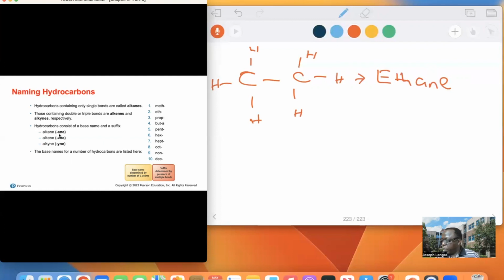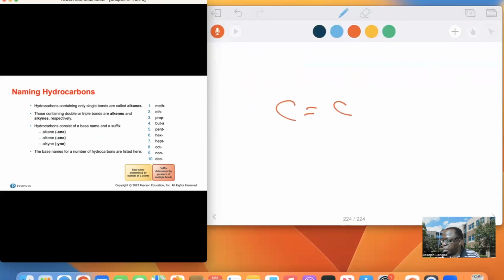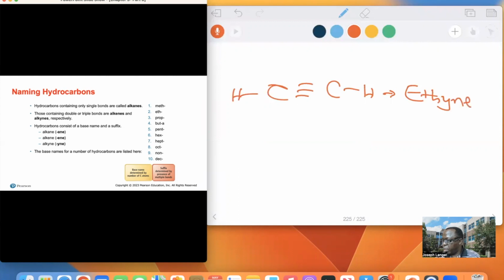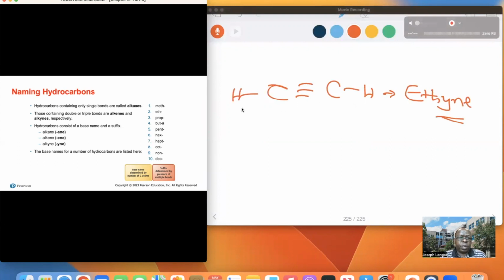But if it is a double bond like that, remember carbon forms four bonds, so there is hydrogen here, here, here, here. We call this ethene. But if it is a triple bond, there is only one hydrogen on each carbon. This is ethyne. This is how we use the word ending for the functional group.